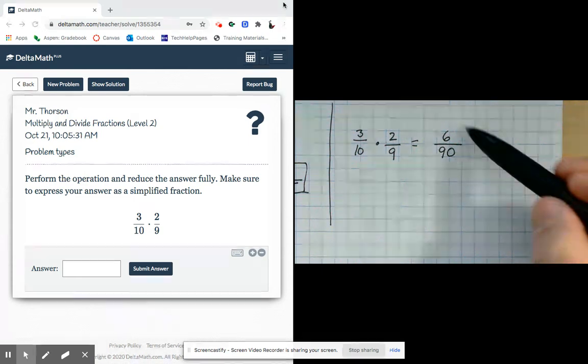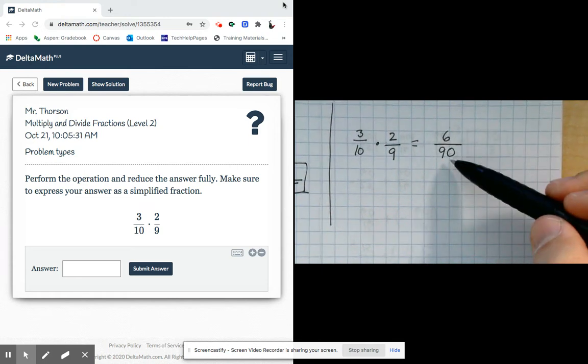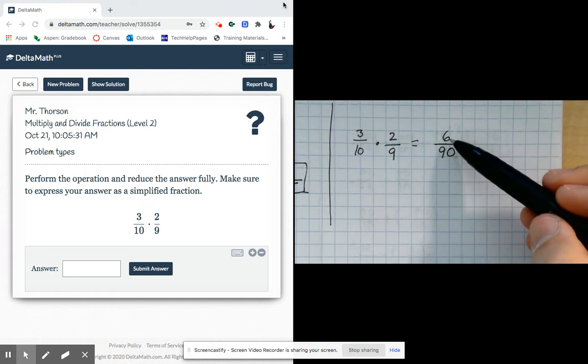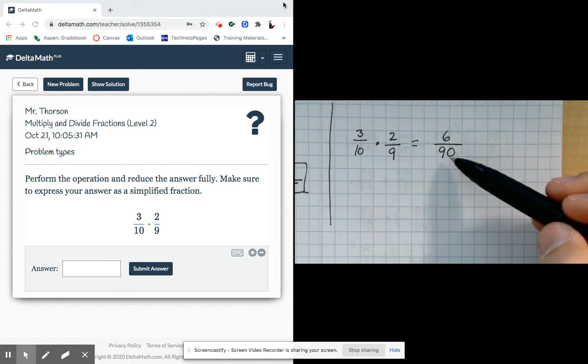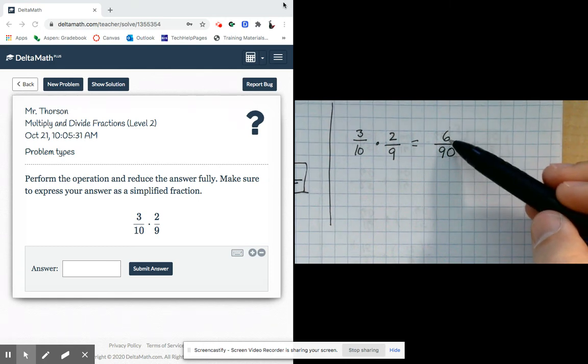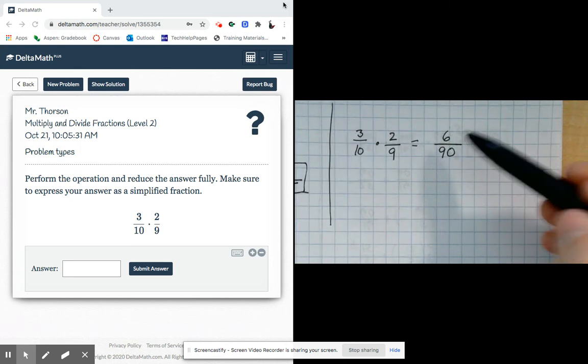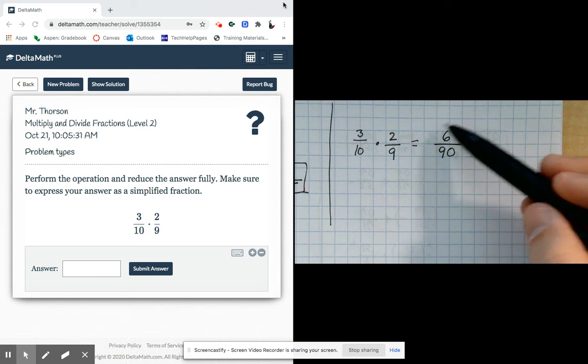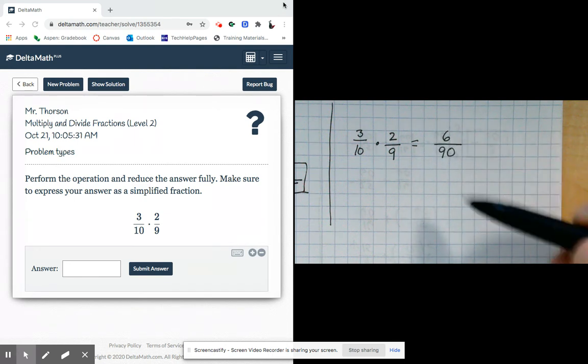We need to look and see if this will simplify. So again, I'm going to think about the factors, the numbers that I know that multiply together to get 6, and think if any of those will go into 90. So I have 1 times 6 is 6, 2 times 3 is 6, then 3 times 2, and then 6 times 1. So we know that those are my factors of 6.